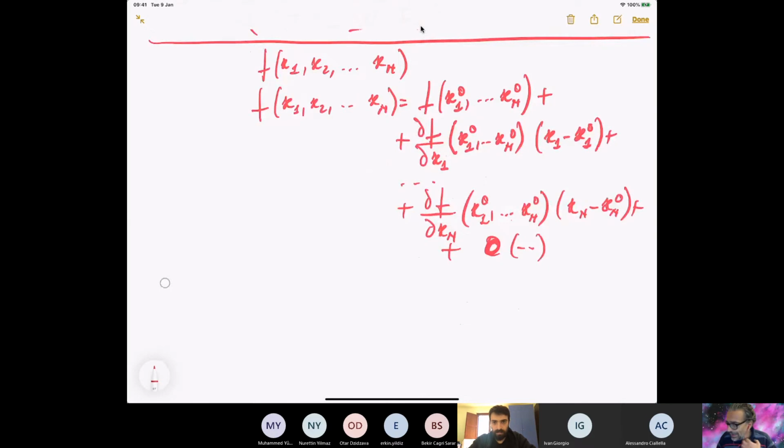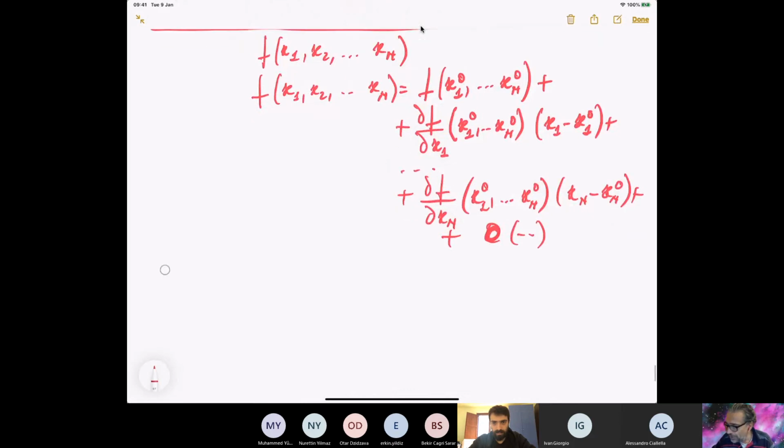Now, I am lazy. I don't want to write these long formulas. So what I discovered, that I can call this X. X means a vector having n components.